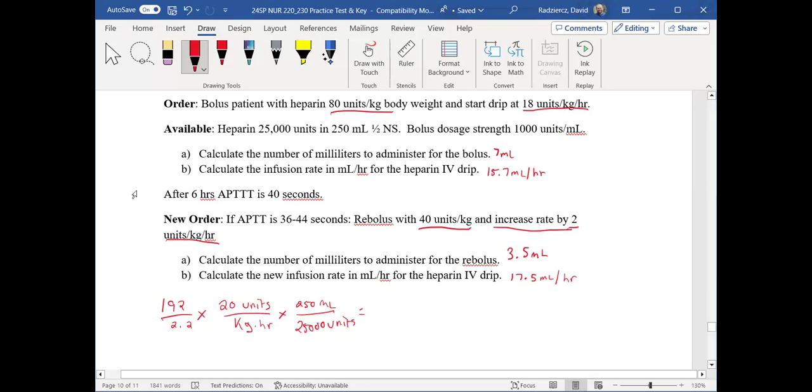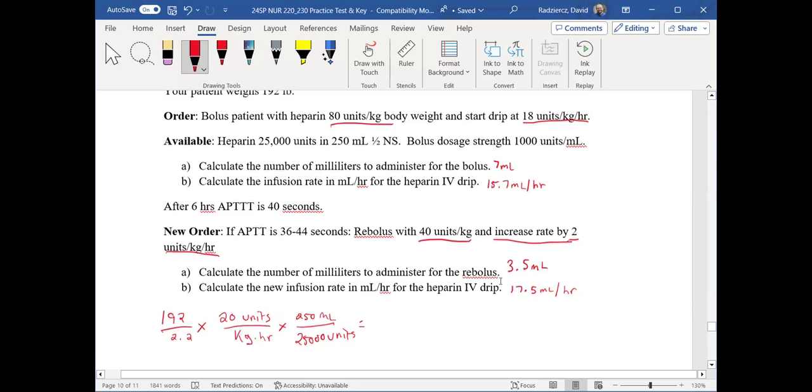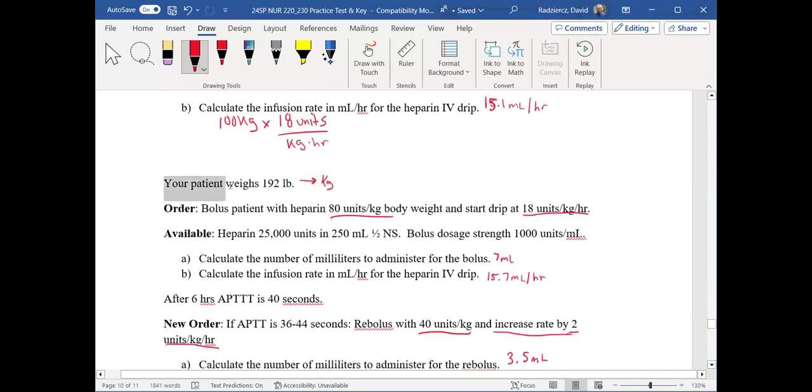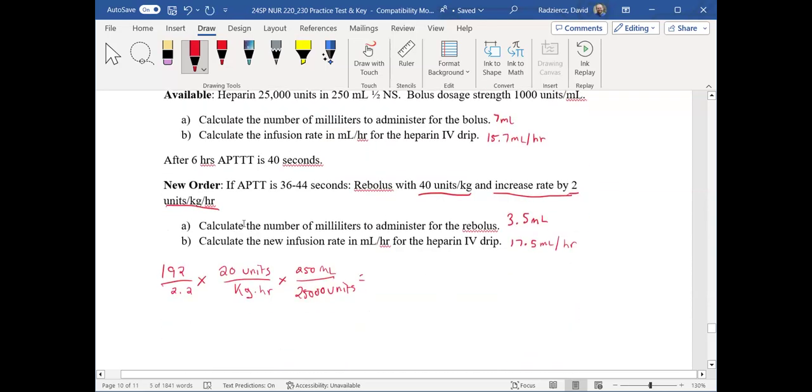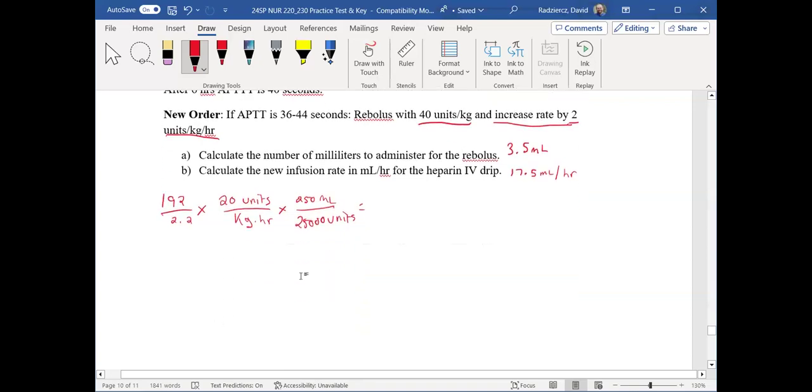Yeah, we can do another one. Well, here, I'll just leave everything the same. We'll just change the patient's weight. So let's just say we're going to do the same thing. I'm not going to copy and paste everything because it becomes a, oh, shoot.